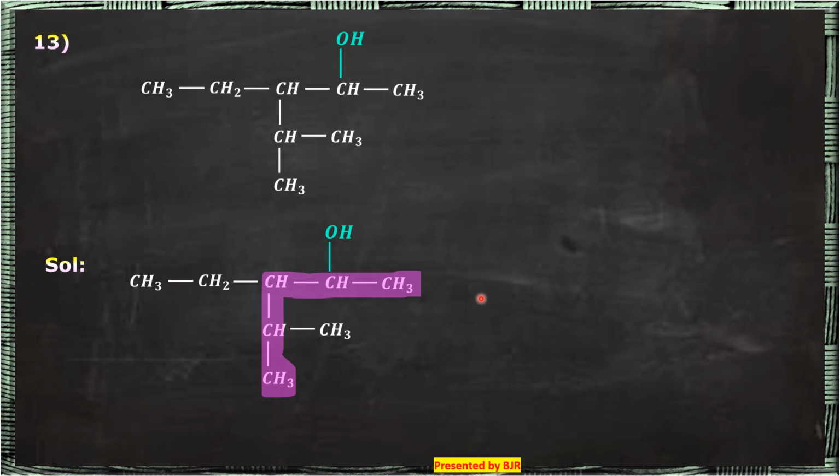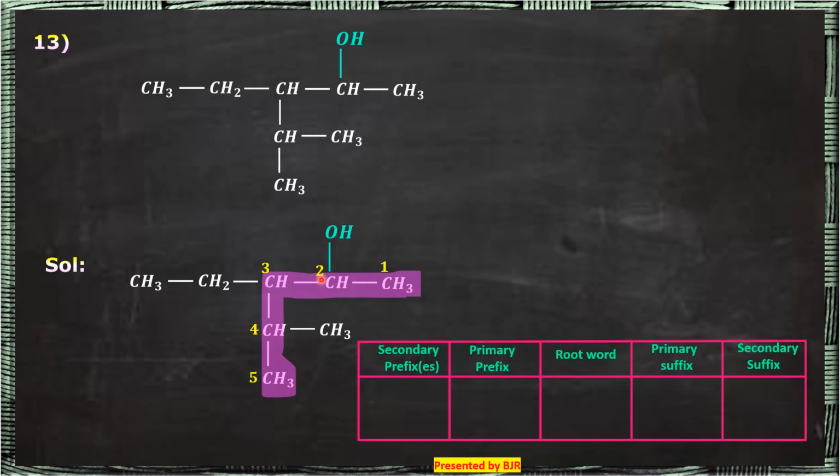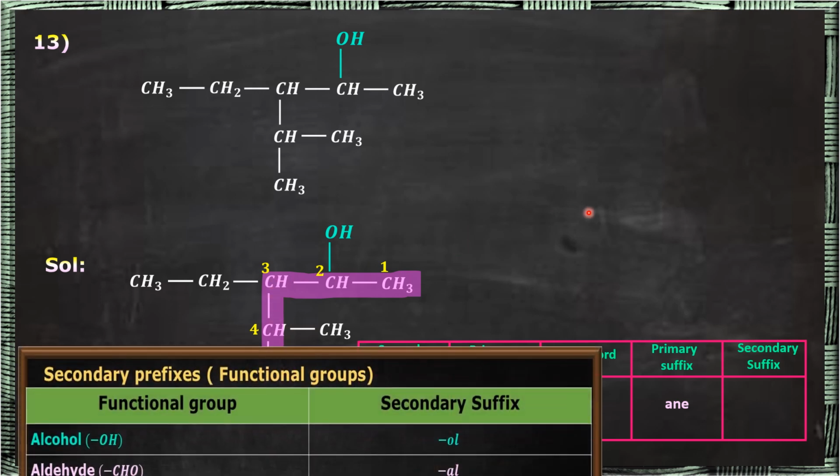So the numbering of this carbon chain is done in such a way that the carbon atom attached to the functional group OH should get the lowest possible number. For that reason, I am numbering from right to left and down like this. Okay. So the root word, 5 carbon atoms are there, it is pent, primary suffix is ANE, only carbon single bonds are there. Secondary suffix, you can see the OH functional group is there, it means OL.